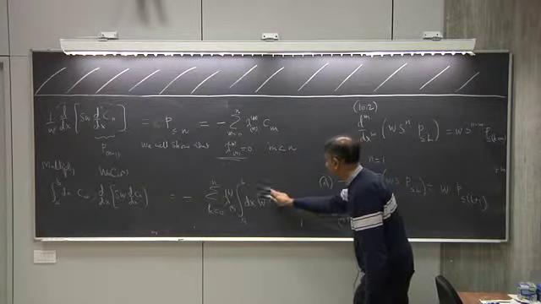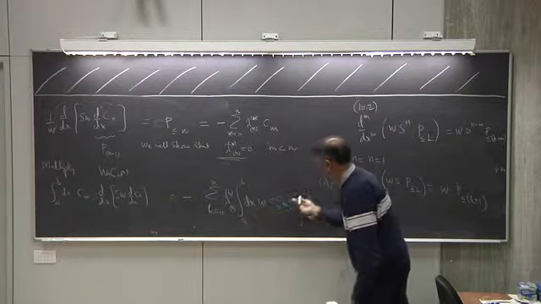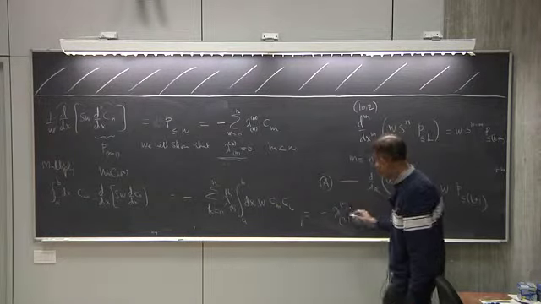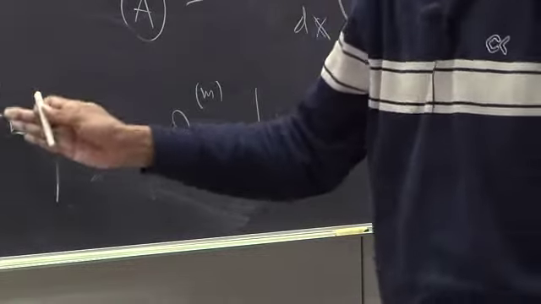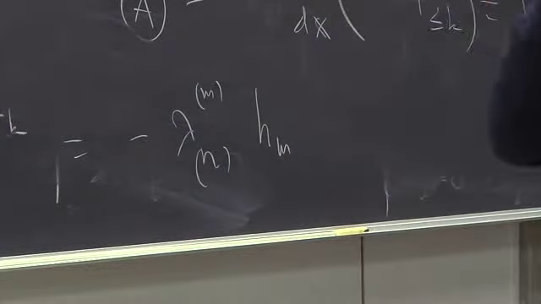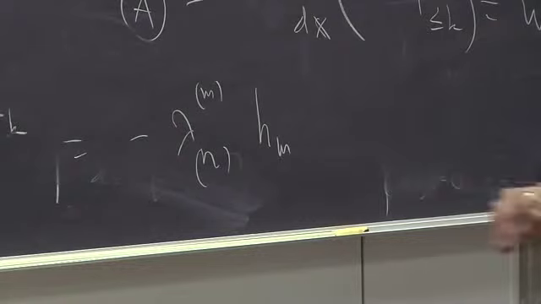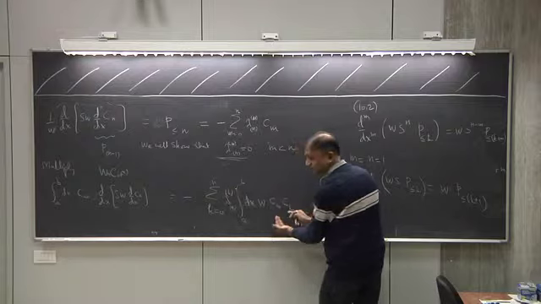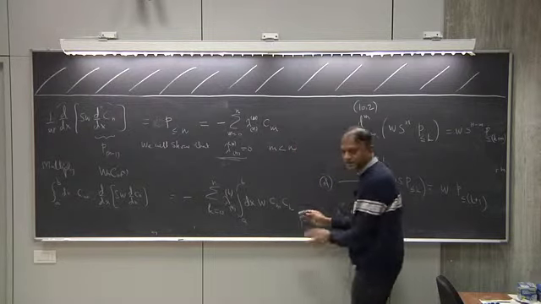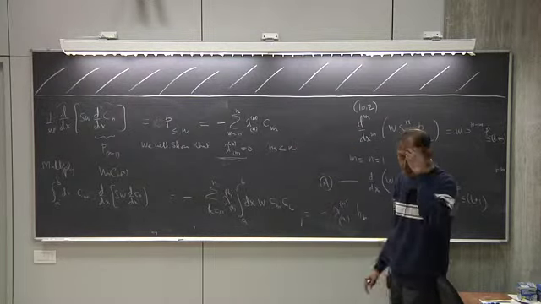When m equal to k, it will be some non-zero number which I call h_m. h_m is by definition the norm square of C_m. So h_m is simply the integral dx w C_m squared. It will be some number, so I just call it h_m.